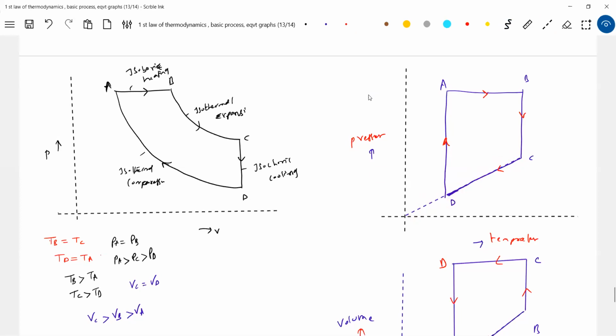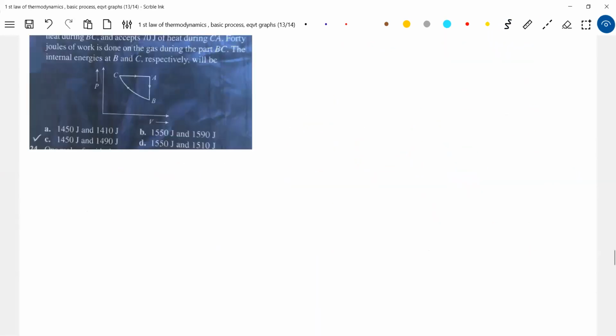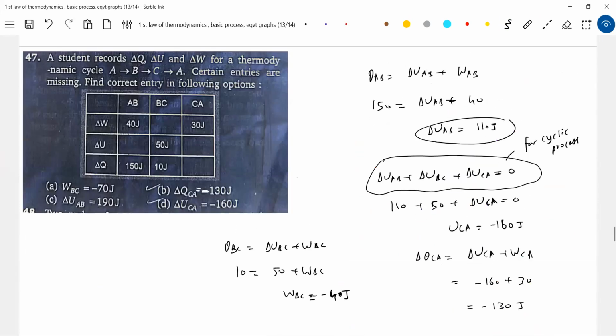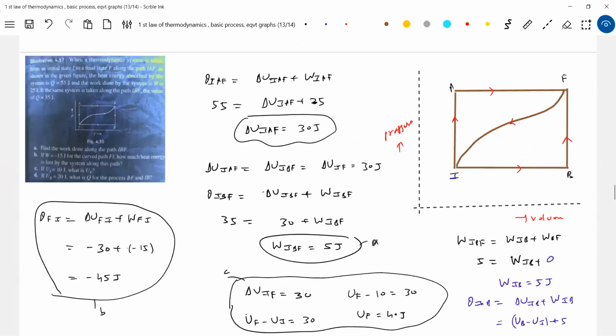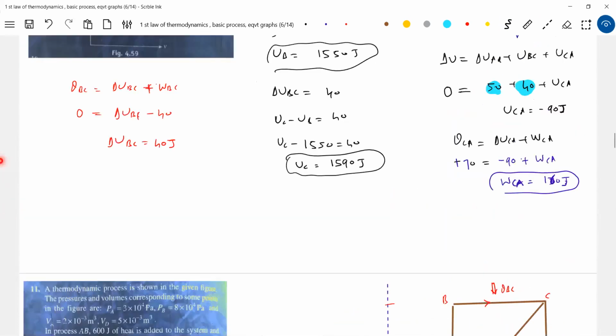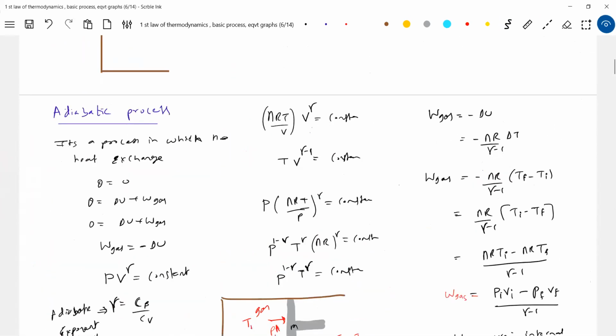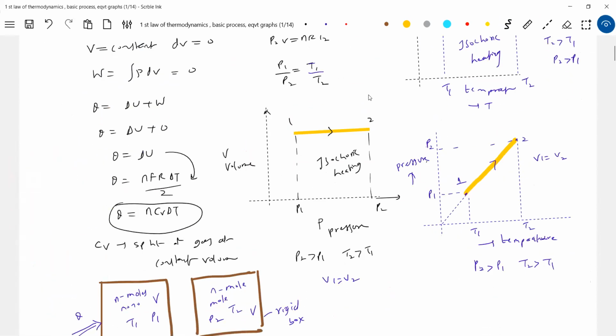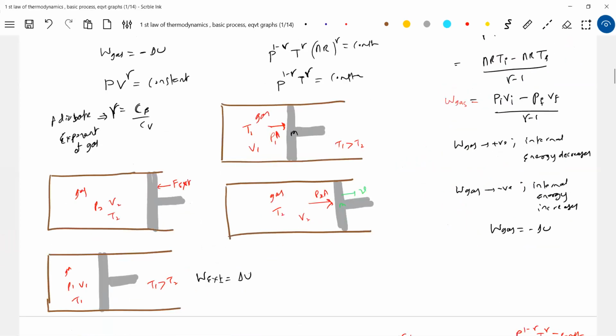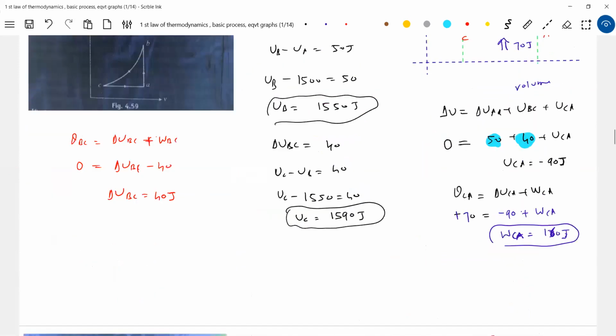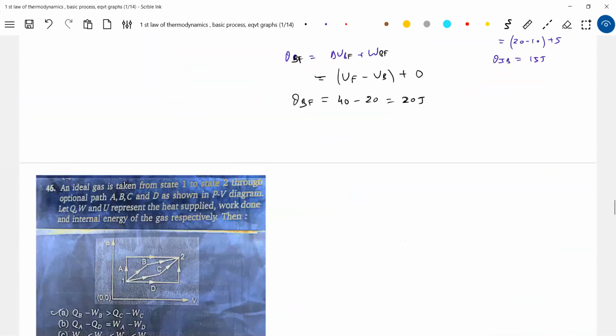It must be, no, in the PT graph. Isochoric process in a PT graph is a straight line passing through the origin. Your memory should be very strong. Let's go for the PT graph. Last one graph, I'll plot it.